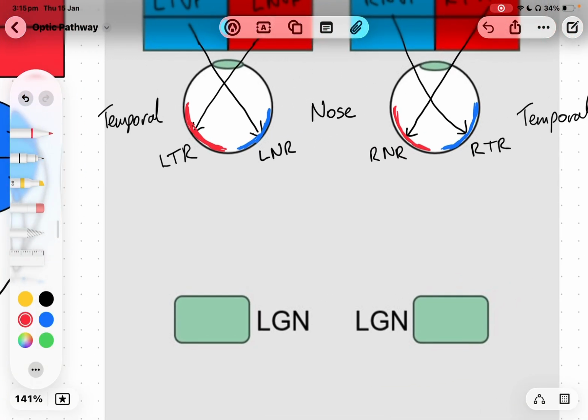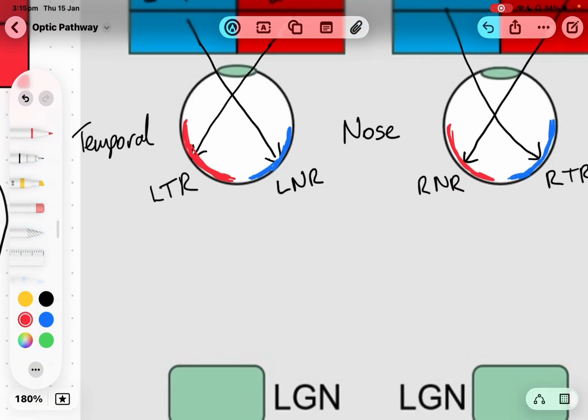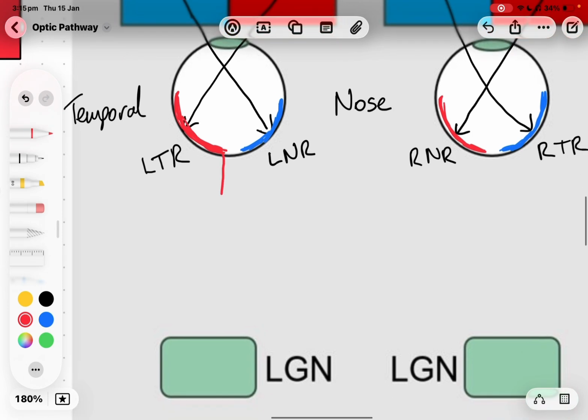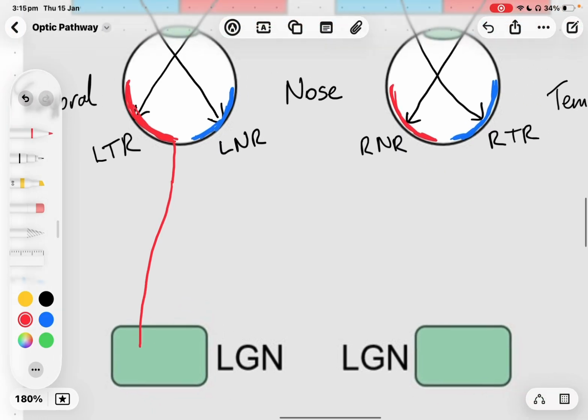So if we now start following these fibers, the red comes out and goes straight through to the LGN. But the blue, the nasal retina, comes out and crosses over to the other side, to the LGN on the other side.